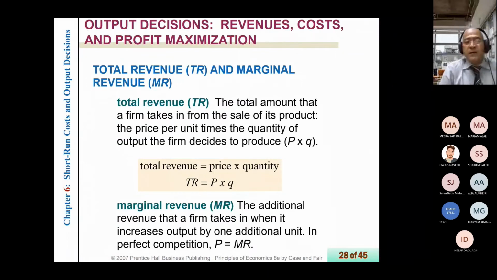Yes, marginal revenue, Mira. Marginal revenue: the additional revenue that a firm takes in when it increases output by one additional unit. In perfect competition, the price equals marginal revenue. See here, I just calculated total revenue equals 50, 5 times 10. If he decided to produce an additional kilo, what will total revenue be? 5 times 11, which equals 55.